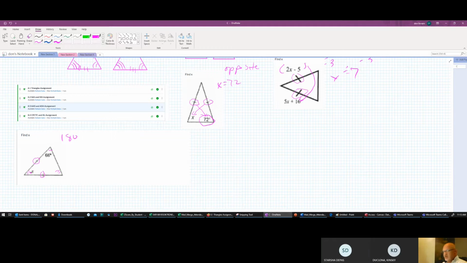And you knew on question number 1 that if they're the same, if that's 66, what do you think this angle over here is? 66. 66, right? So now we've got 66 degrees there. And so we've got 66, and we've got x. How do you think we set up this equation, since we know that all three of these have to add up to 180?